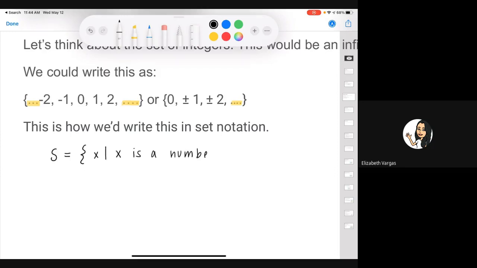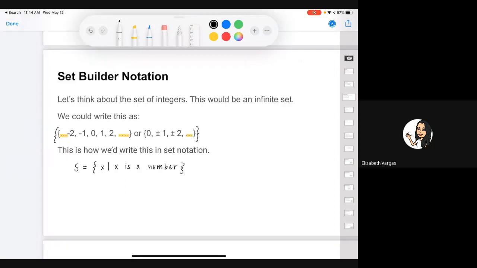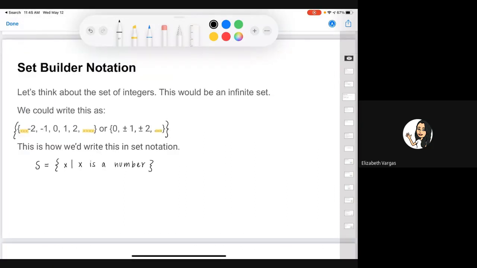I have -2, -1, 0, 1, 2, and so on. All the different elements in this set are numbers. So we use this notation to represent the conditions that all these X values meet: they're all numbers. Okay, questions about this?